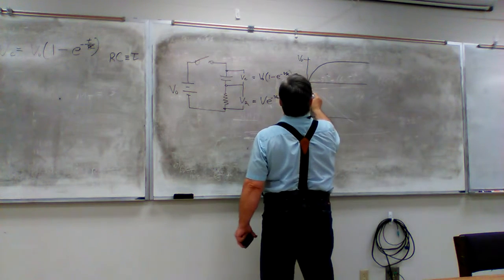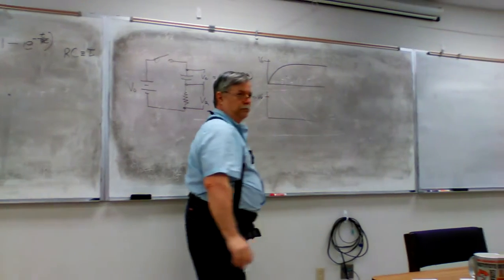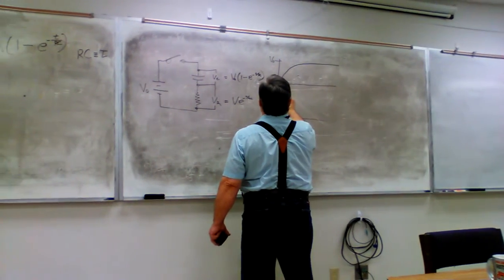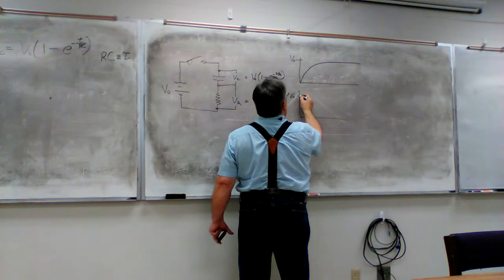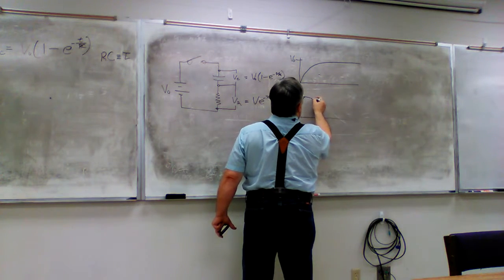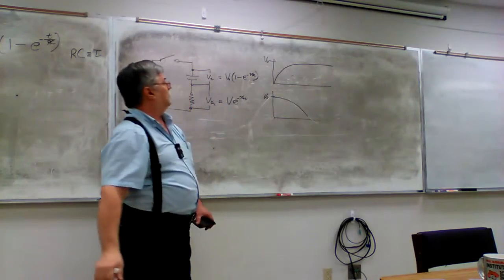At the same time, what happens to the voltage across the resistor? When you turn it on, it spikes up to there when the current flows. Wait, am I drawing that right or backwards?